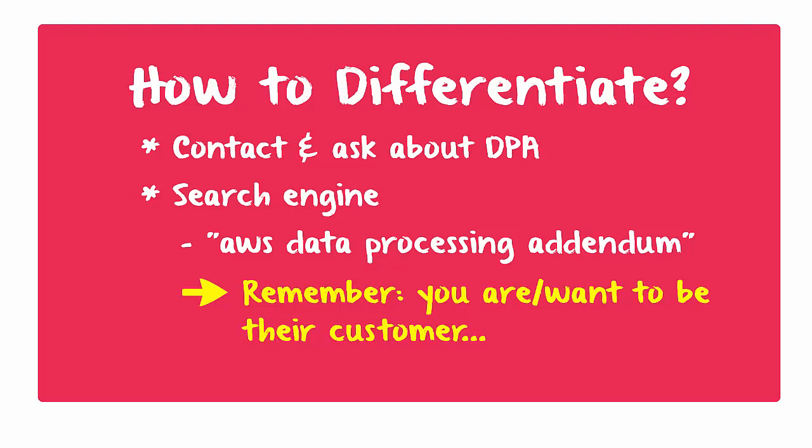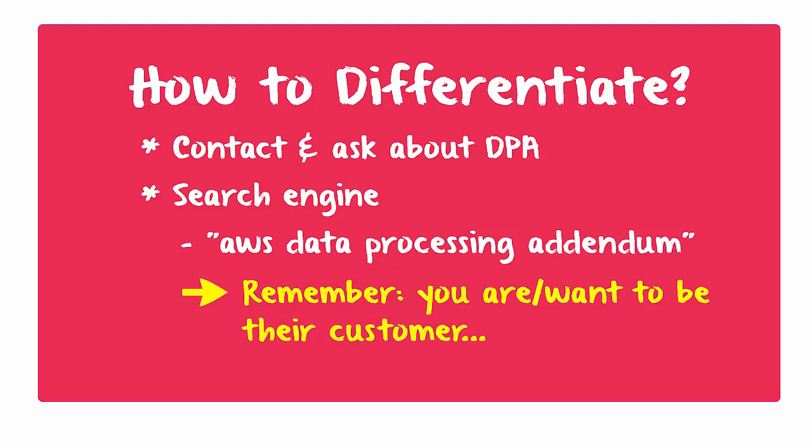And that's the second bullet, engage a search engine. In this particular case, I searched Google, and the search term you can see there in quotes was AWS Data Processing Addendum. And again, I mentioned a little earlier that a number of the bigger companies refer to a DPA as an addendum rather than an agreement. It's still the same thing.